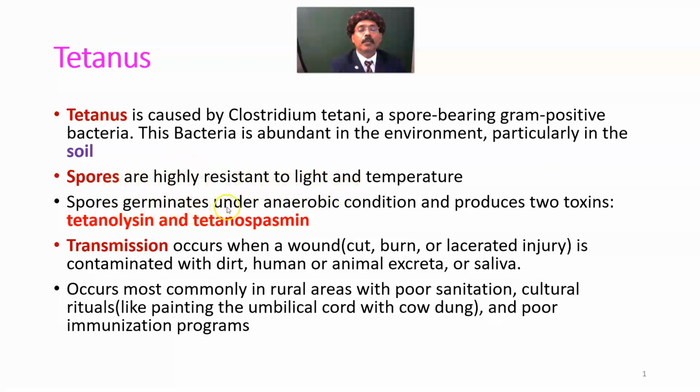Spores germinate under anaerobic conditions and produce two toxins, tetanolysin and tetanospasmin. These toxins work on the neurotransmitter, and they ascend through the blood vessels as well as the nerve axons to the central nervous system, the spinal cord, brain, and also the autonomic nervous system.